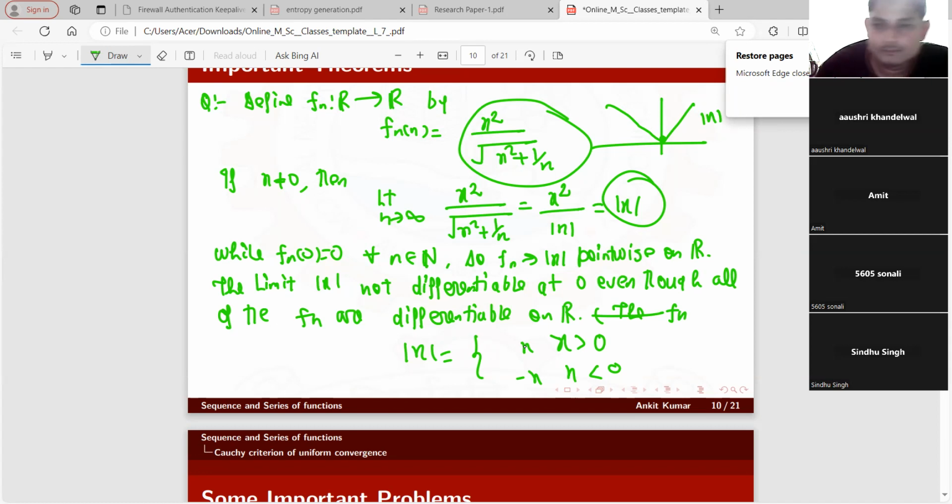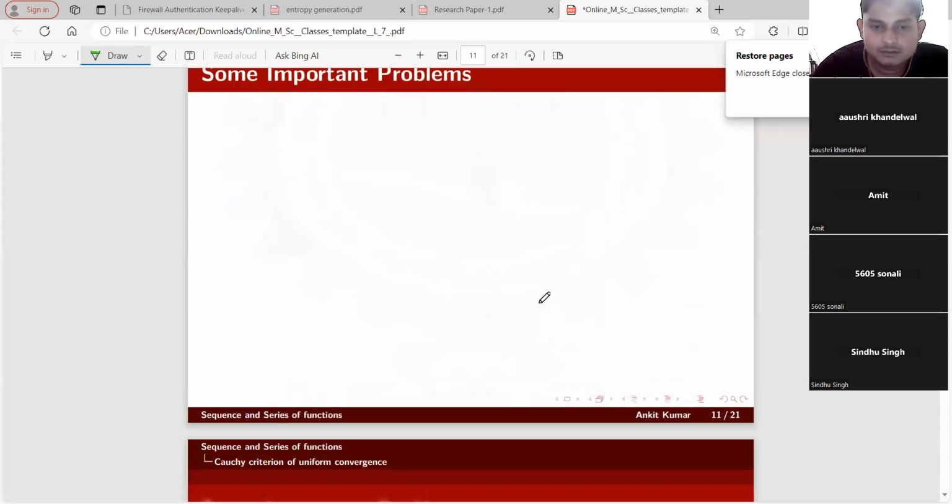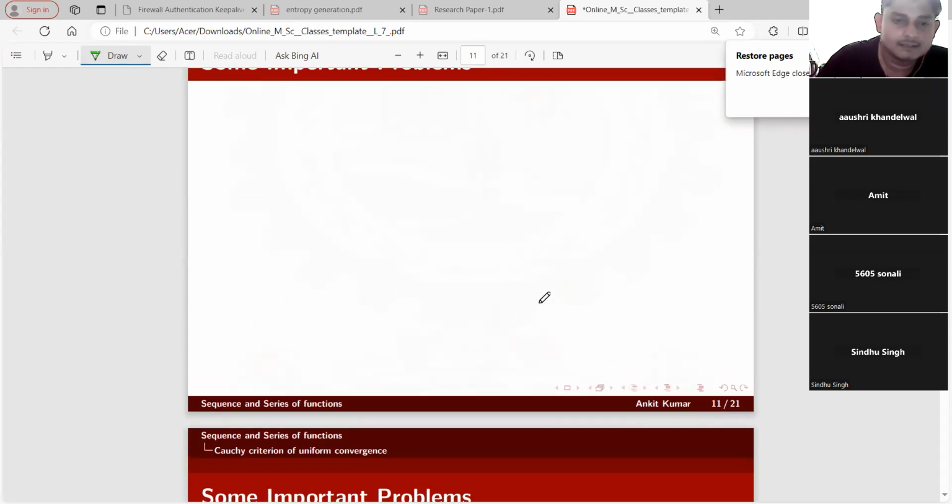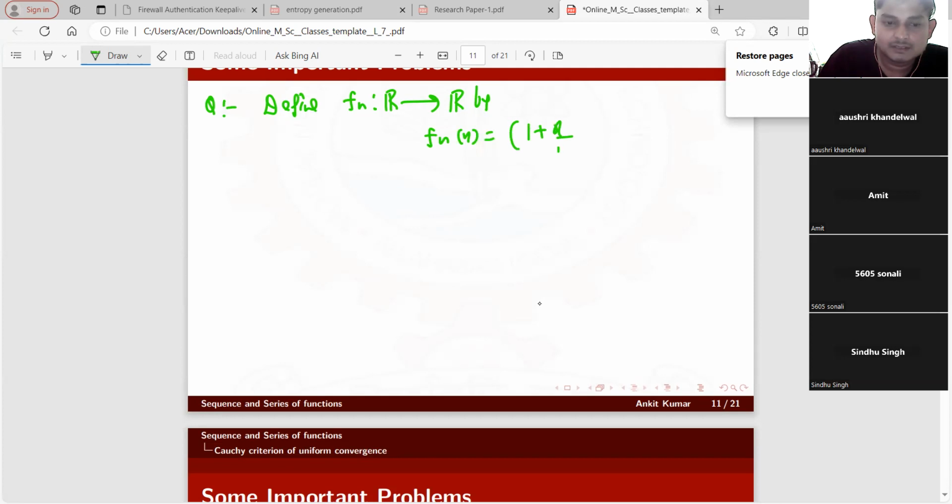Now we saw a very important example. The very important question is: define f_n from R to R by f_n(x) equals 1 plus x by n, to the power n.